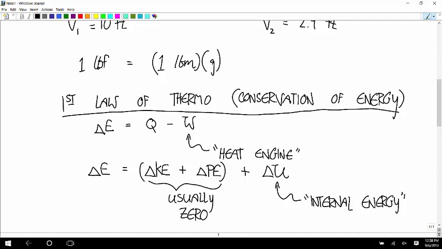This is just macroscopic. It's like what you notice about, say, the center of mass of the gas. These are the individual molecules bouncing around, and you don't see those macroscopically except through temperature.